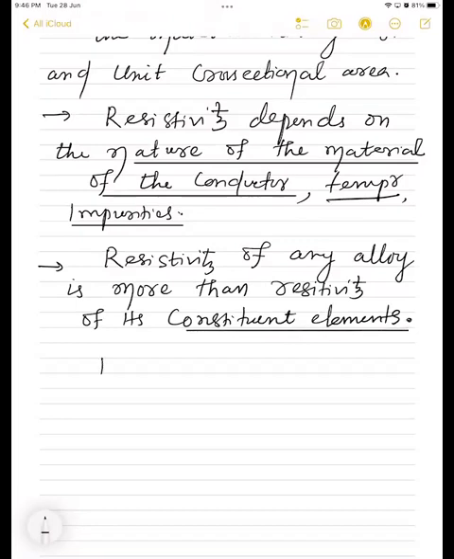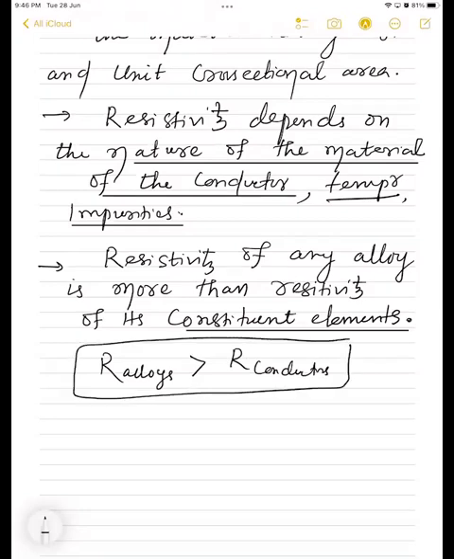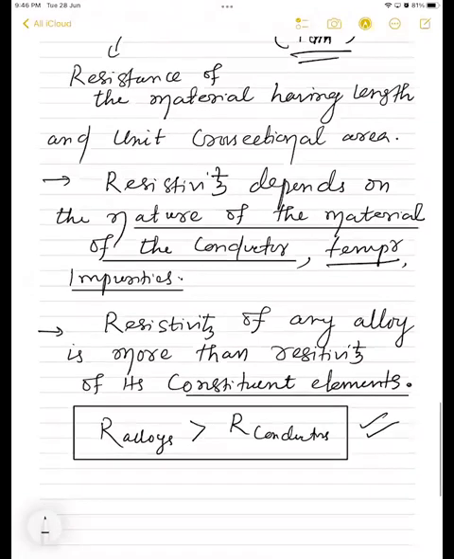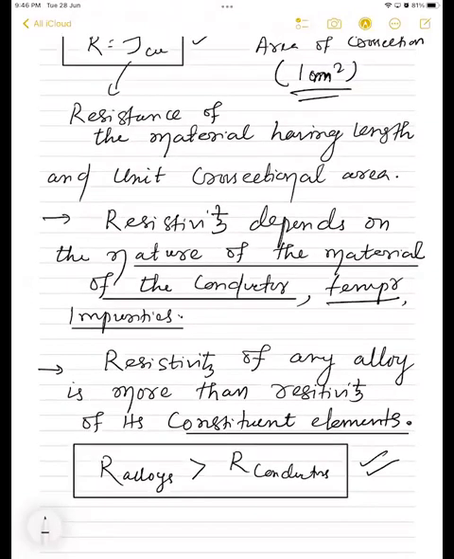Right? So R alloy is greater than R conductors. Right, students? R alloy is greater than R conductors.